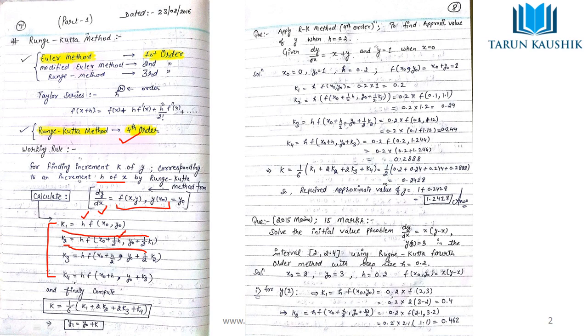But remember, in k3 you are not required to take half; you just substitute the value of k3 as it is, and similarly in x write h as it is.